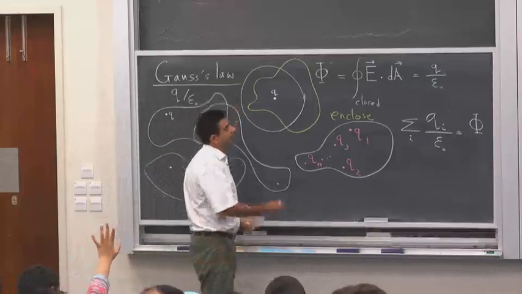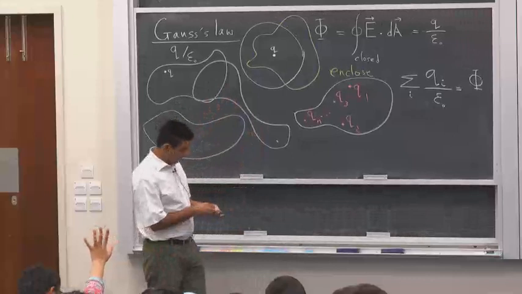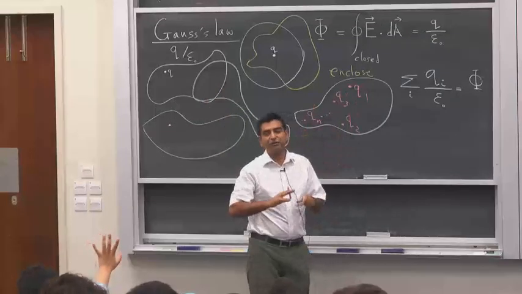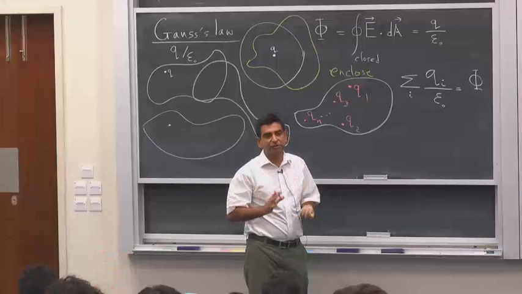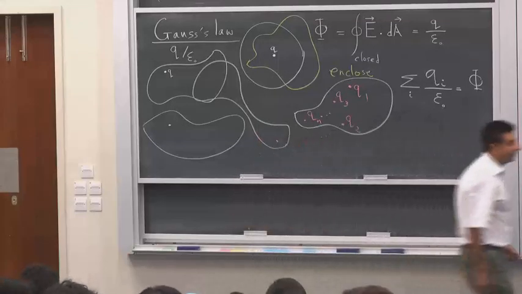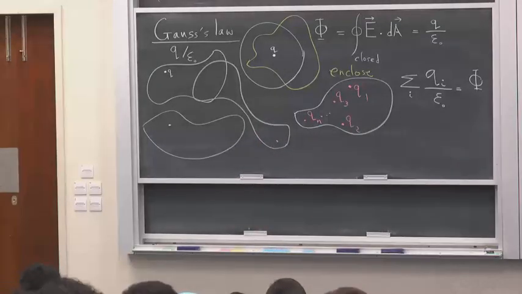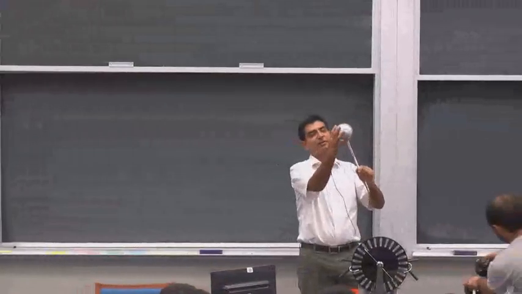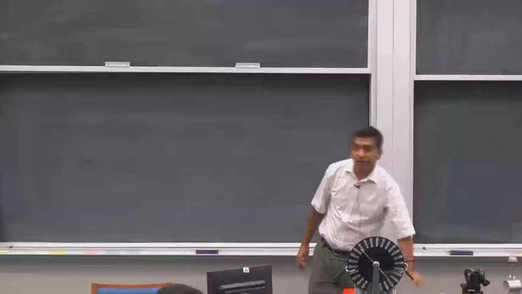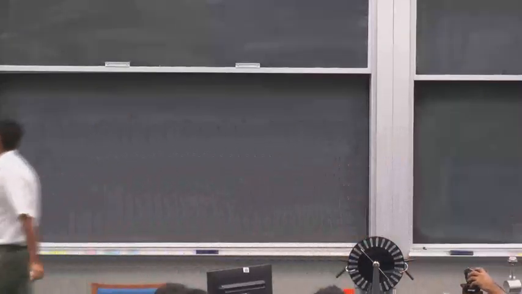Alright. Another possibility is that you don't have discrete charges, rather you have a charged volume, a charged mass. For example, this object here, this is not a point charge, of course, so if you put charge on this object, it's going to be a charged volume. So I could have a distribution of charges.